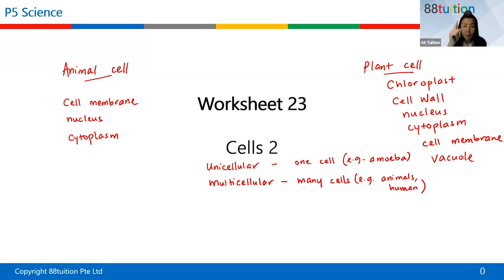Now, there's one more part of the plant cell that gives it something special. I want to see who can answer that. Zesi, you think you can answer that? Why is it so special? There's one extra part that is very special. Have you learned plant cells and animal cells in school already?